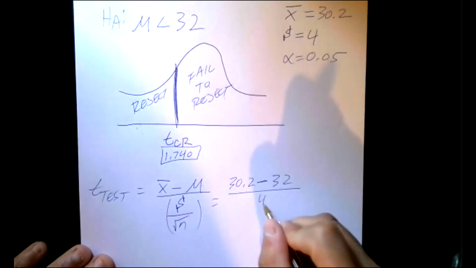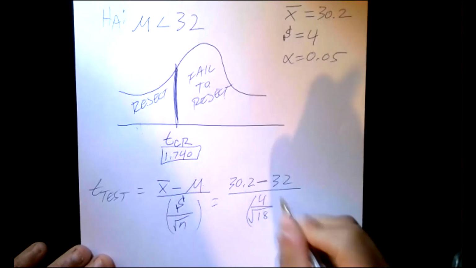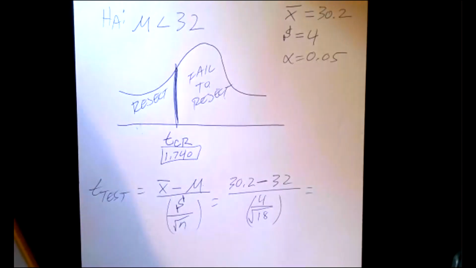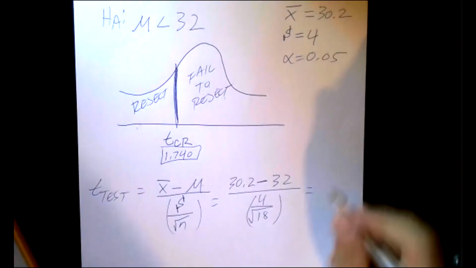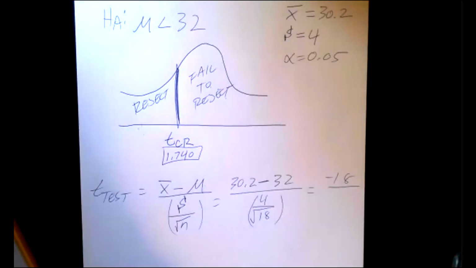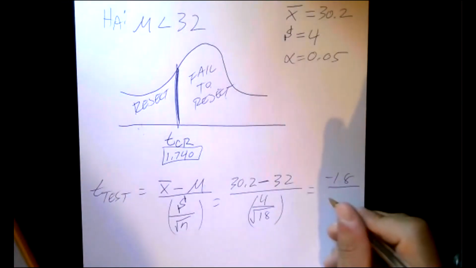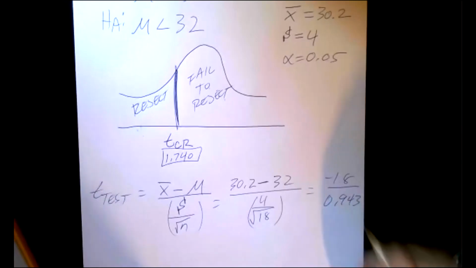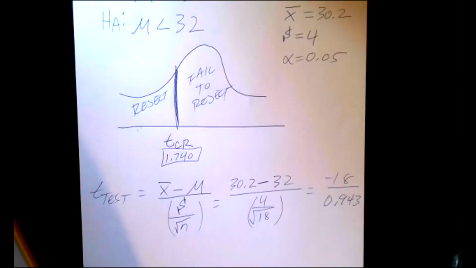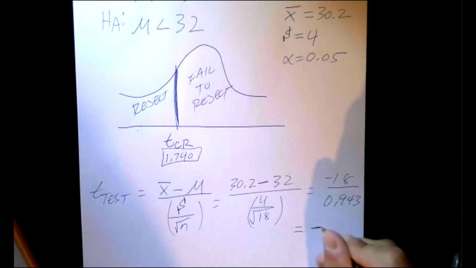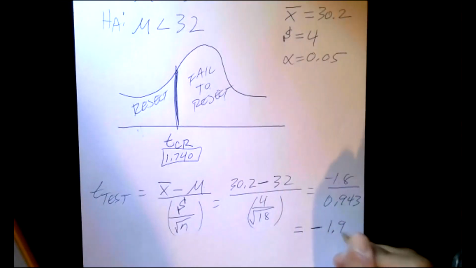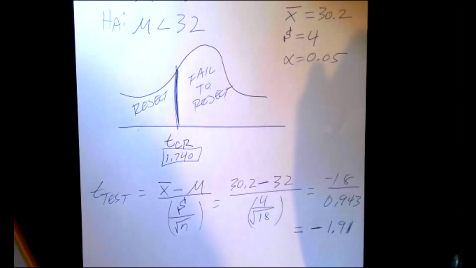Sample standard deviation is 4, n is 18. The test statistic is negative 1.91. And I've clearly made a mistake here.